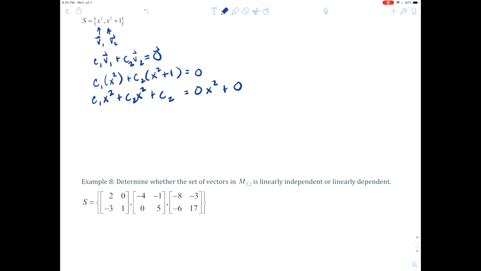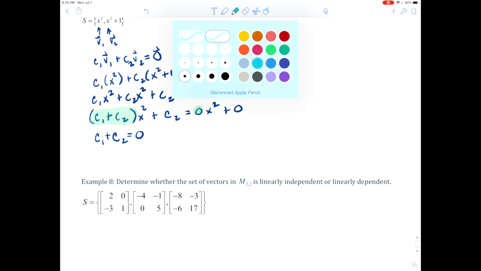So now if I factor out the x squared, and then I still have my C2, which doesn't have any x's with it, and then I set it equal to 0x squared plus 0. So I'm equating the coefficients. C1 plus C2 would have to be equal to 0. And then what would my next one be?